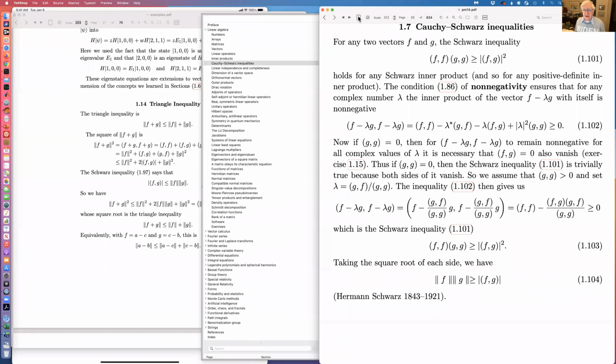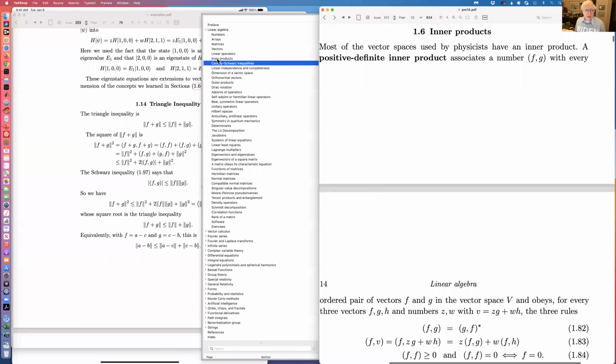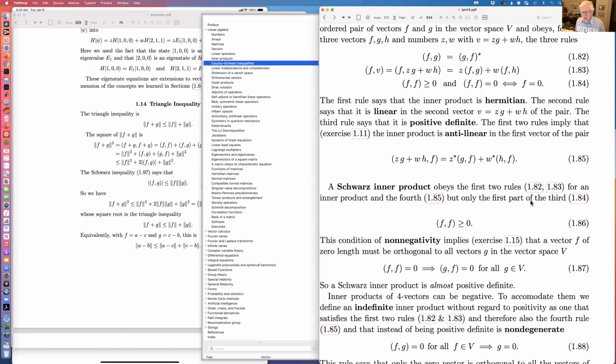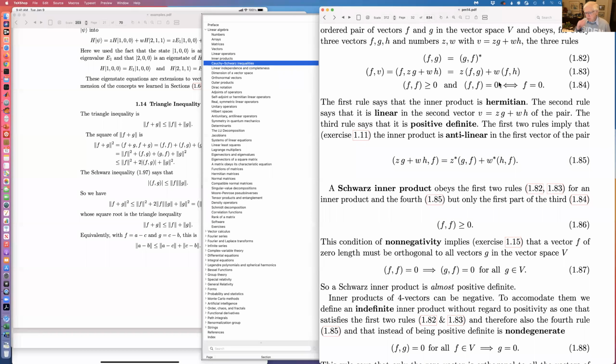Maybe I should flash back to that. So let me go back to inner products. For a Schwarz inner product, you only have that the inner product of a vector with itself is non-negative. You can't conclude that if the inner product of a vector with itself is zero, that it's actually the zero vector.